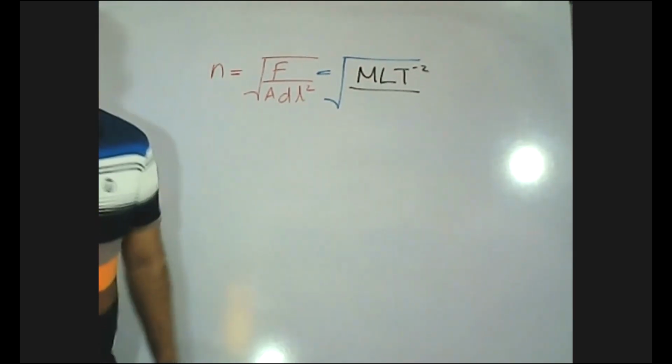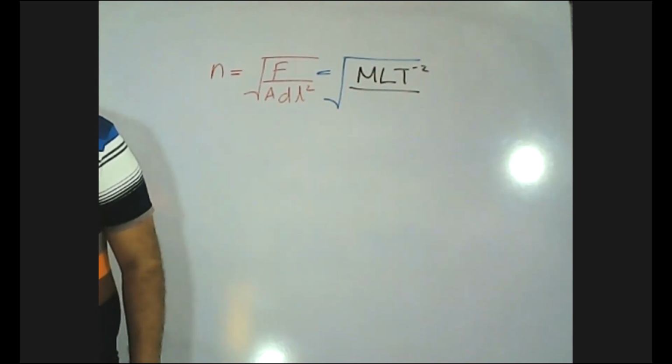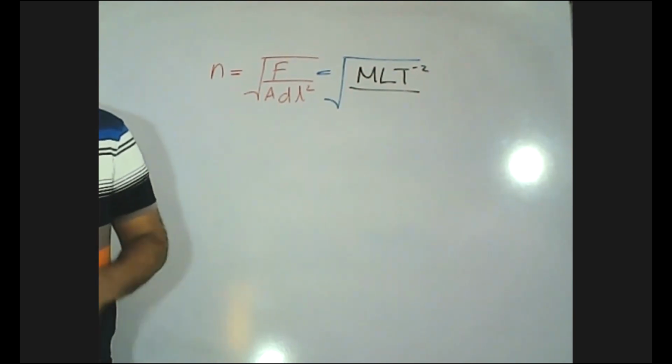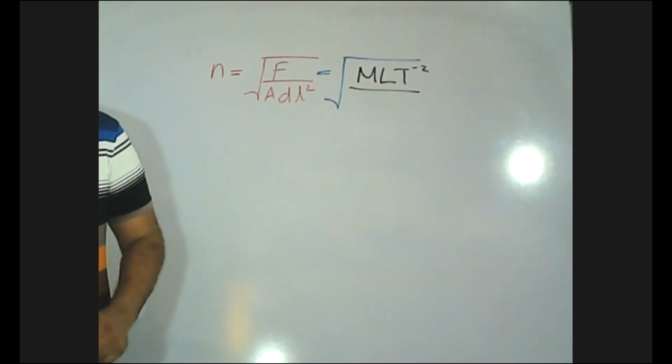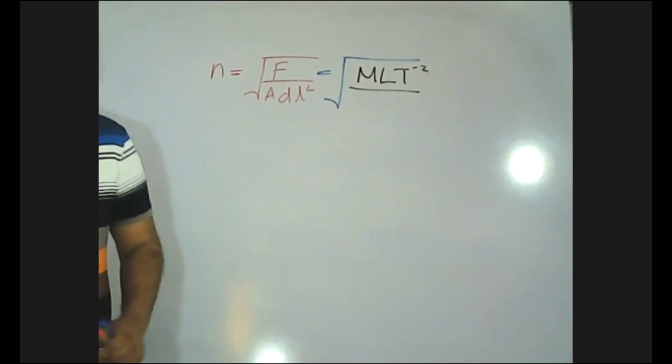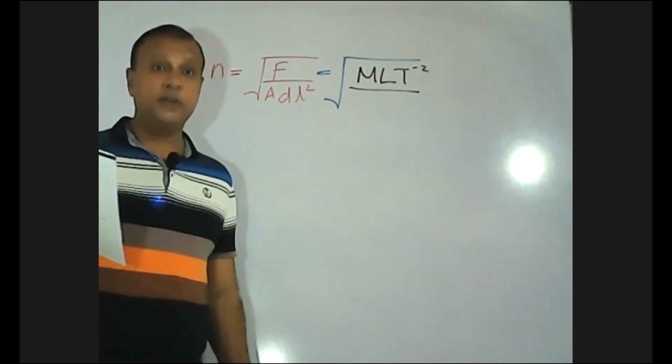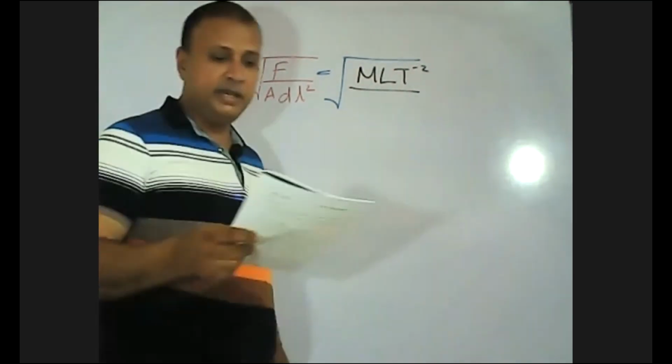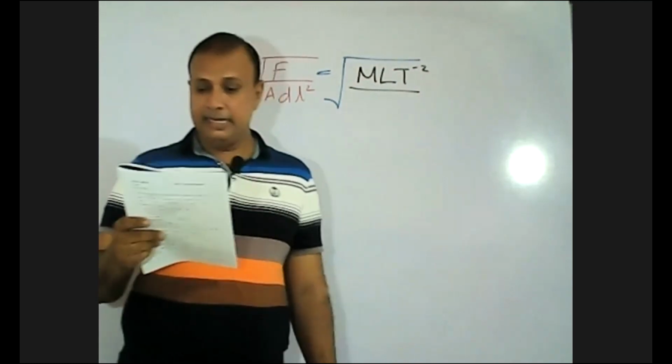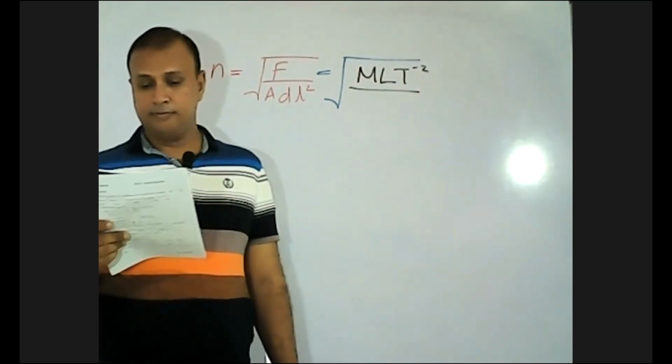A is area, no? It is not given, you have to correct that thing. A is an area.